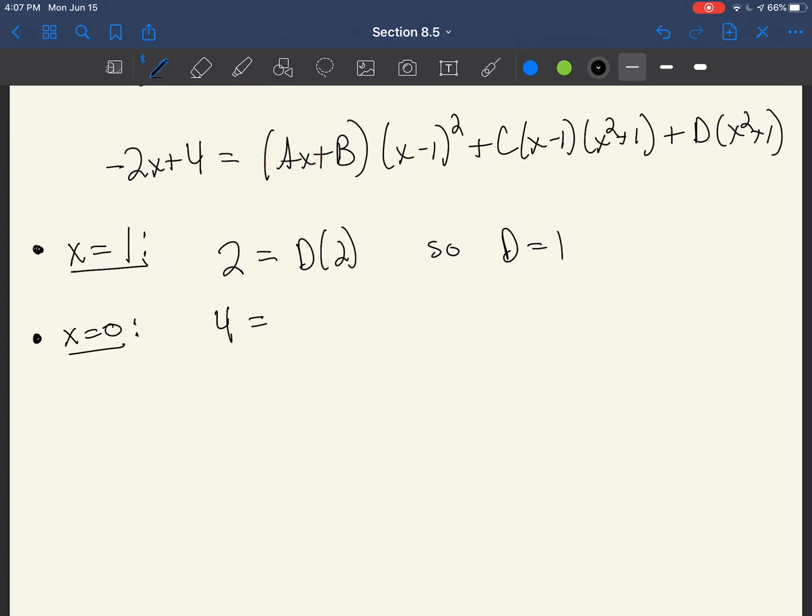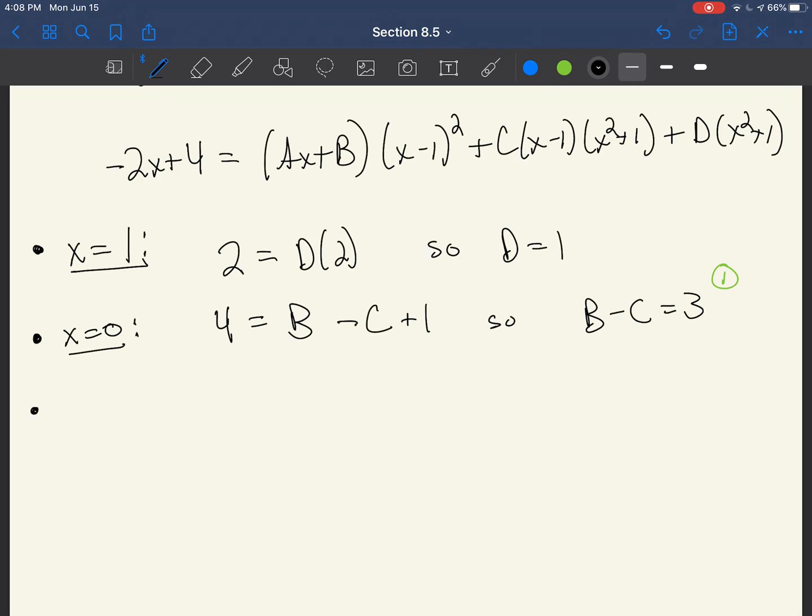Then you'd have 4. x equals 0 is also nice because it kills the A. Then we'd have B times (-1)², which is 1. Minus C, because we'd have -1 times plus 1. And then plus D, but we said D was 1, so plus 1. Okay, so that is B - C equals 3.